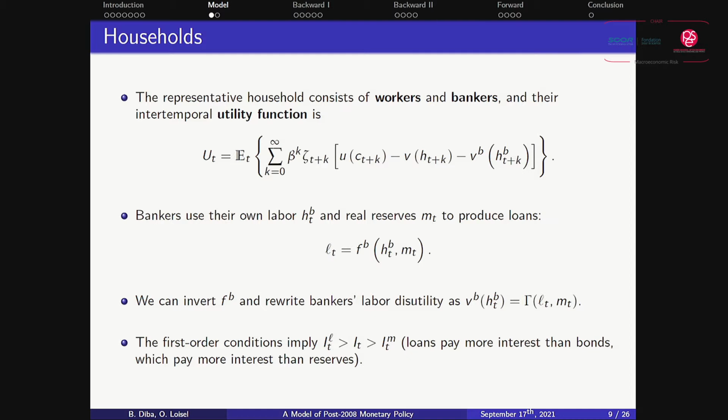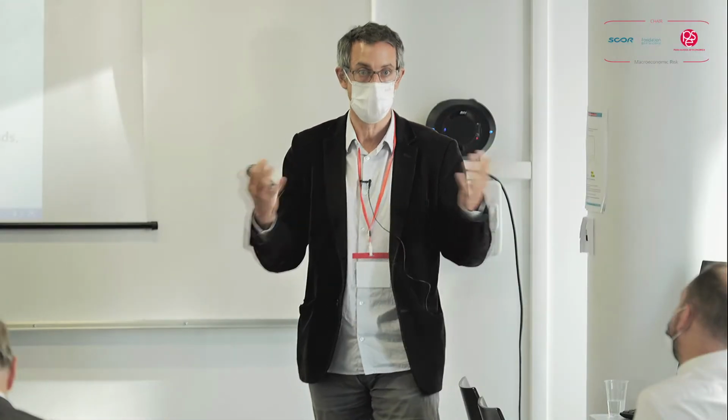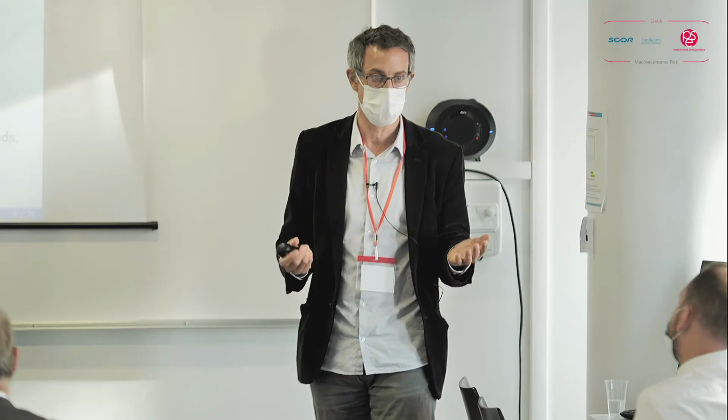And the first order conditions of the household's optimization program imply that the interest rate on loans is higher than the interest rate on bonds. Why? Because loans are costly to originate. And the interest rate on bonds is higher than the interest rate on reserves. Why? Because reserves provide liquidity services, while bonds are used only as a store of value.